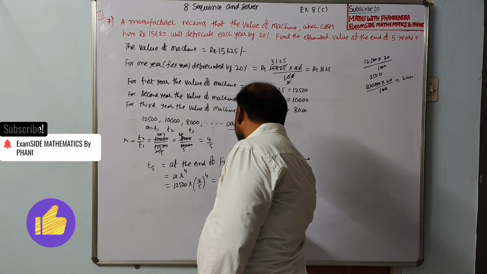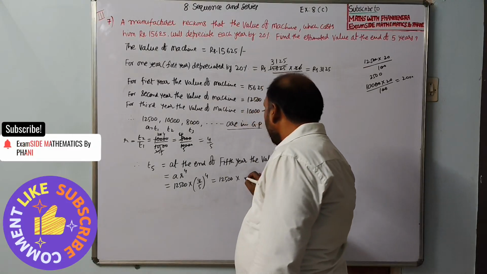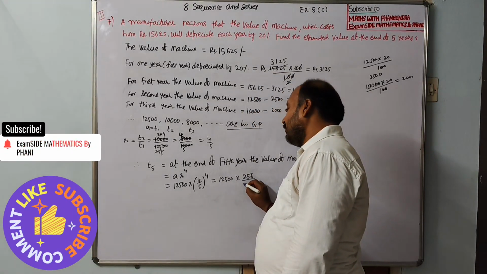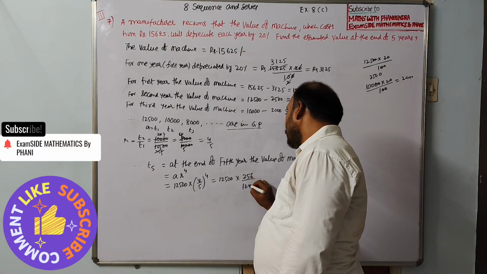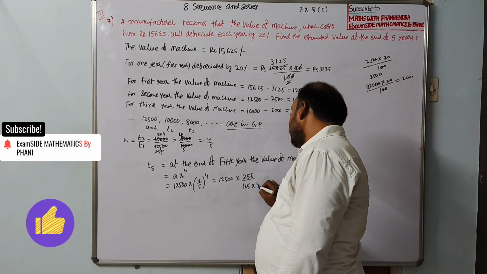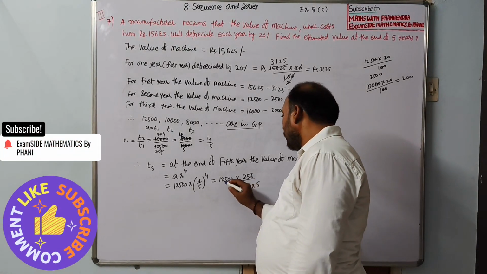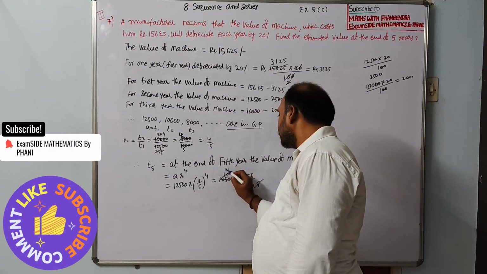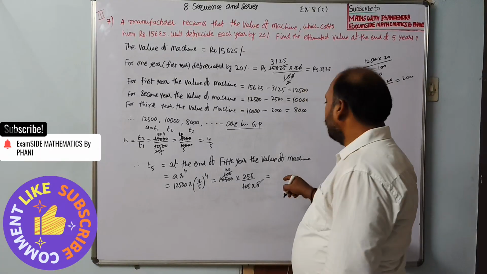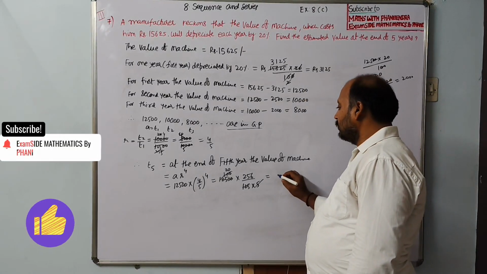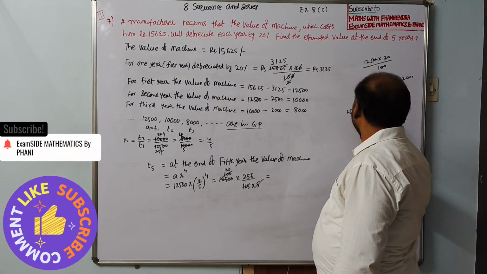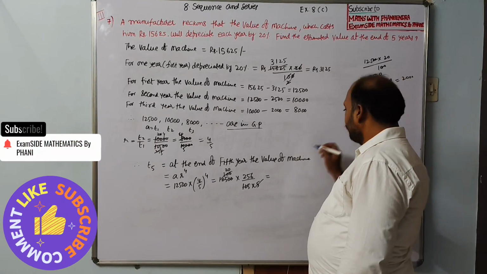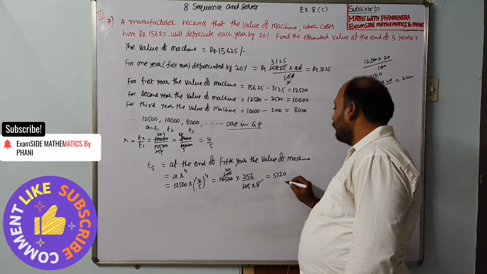That is equal to 12,500 into 4 power 4, which is 256, over 5 power 4. 5 power 3 means 125, and 5 power 4 means 625. So 125 hundreds are 12,500, divided by 5 power 4 leaves 20. So 256 into 20, that is 5,120.